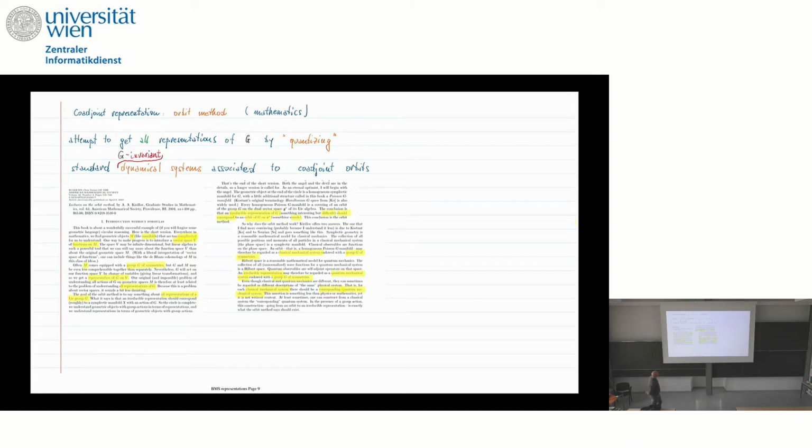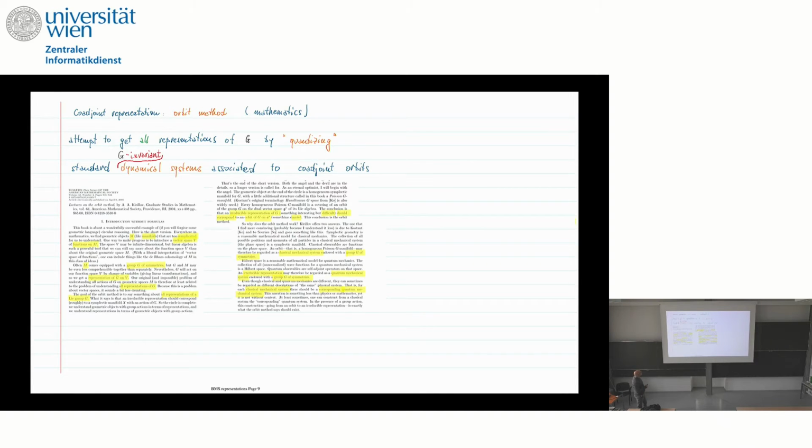Okay, now to something I know a bit better and I like more. So, any more questions on unitary reducible representations of Poincaré? Okay, so in mathematics, there is what people call the orbit method, and it is an attempt to get all representations of a group G, and not only of the ones which have this semi-direct product structure, by quantizing some standard dynamical systems associated to the group whose representations you want to consider.